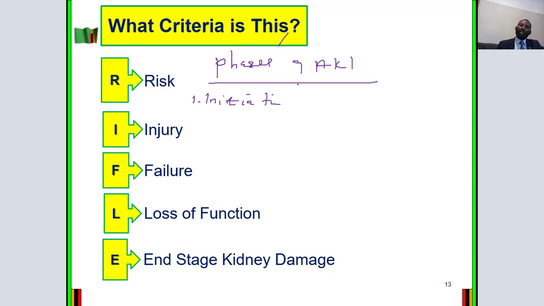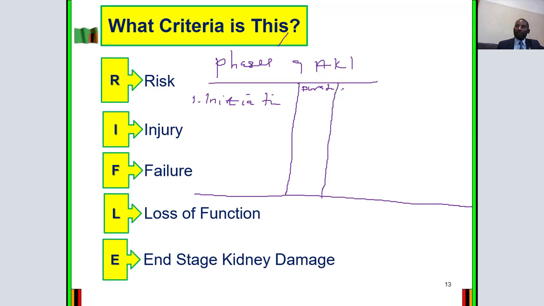Under initiation, there are some parameters that we have to consider. We have to talk about the duration, the urine output, the serum creatinine, and the treatment.